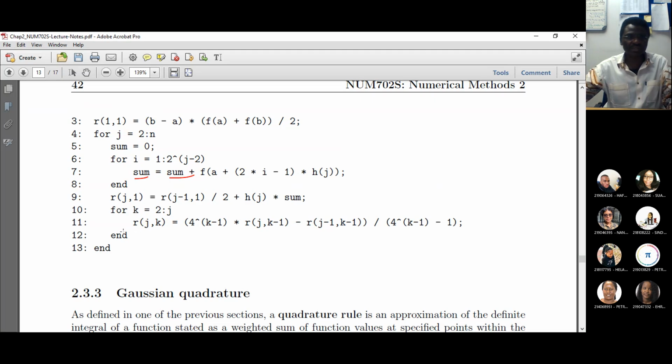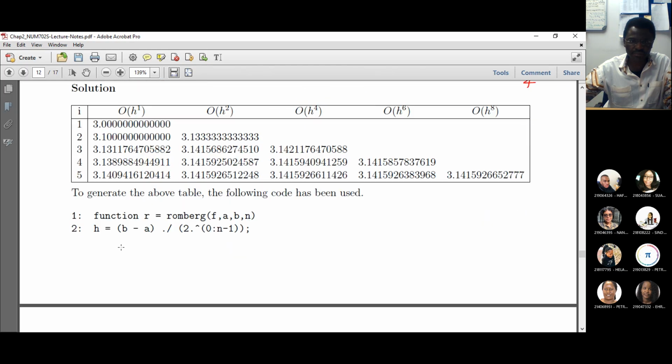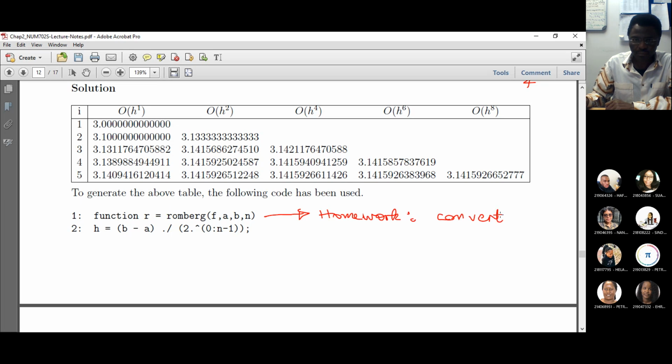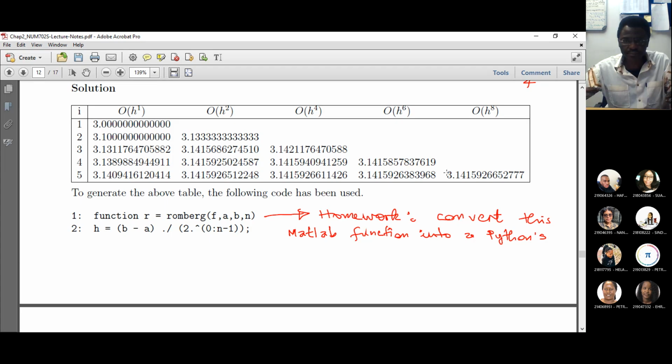So please go read this, try to understand, convert this into Python. Homework. Okay, so that's the homework.